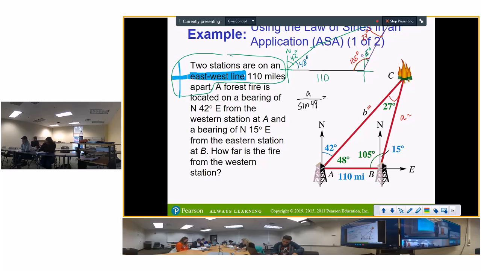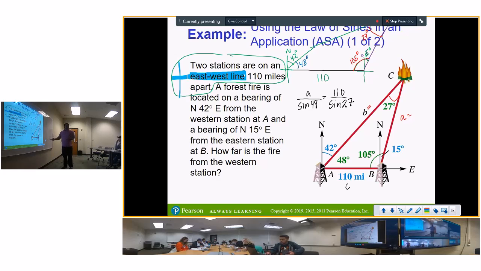Is equal to, now which side is given? C. Right here. Ding, ding, ding. So C is 110 over, and that dictates sine of 27. Do you see how easy this can be?